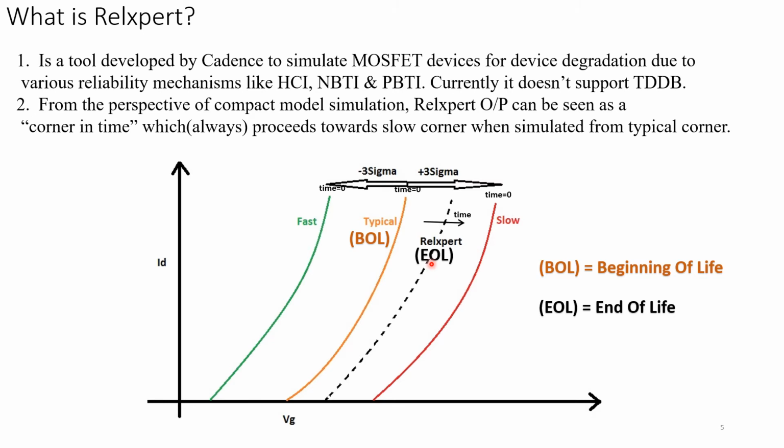So this completes the description of a reliability model. In a nutshell, a reliability model is a corner in time, at the time that I specify, generated out of models that have been created from stress data and modeled using the statistical distribution in the measured data.